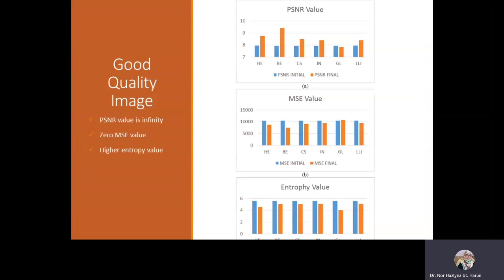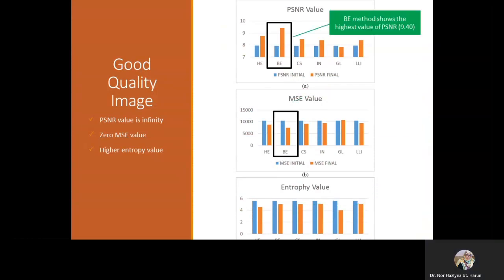From the results for this study, the BE method shows the highest value of PSNR, while for MSE, the BE method also shows the lowest MSE value.